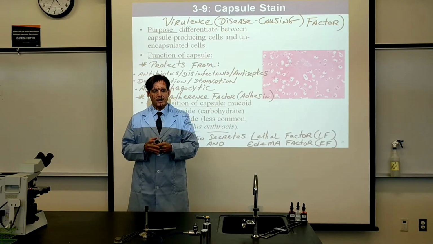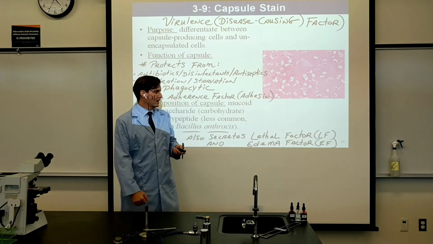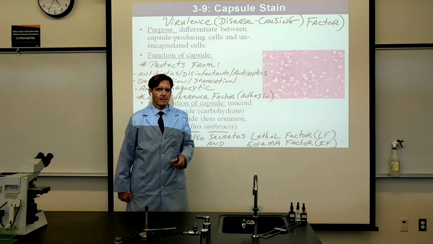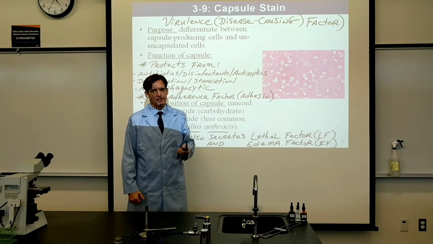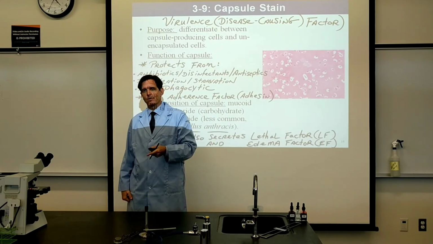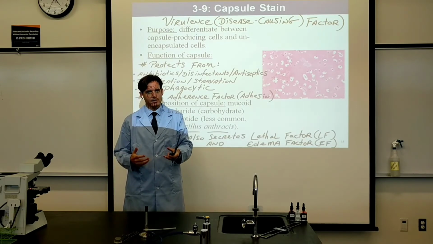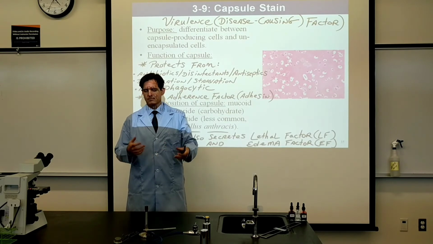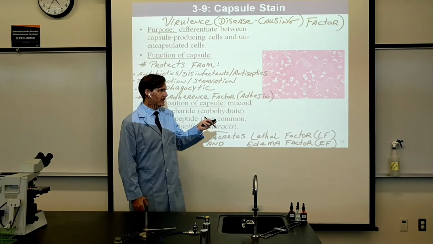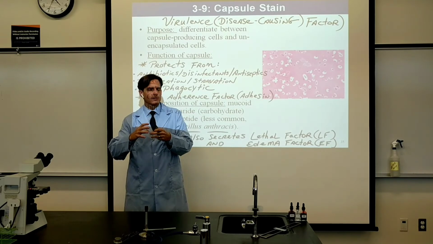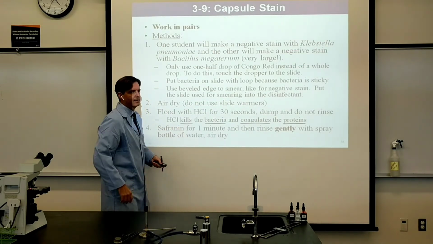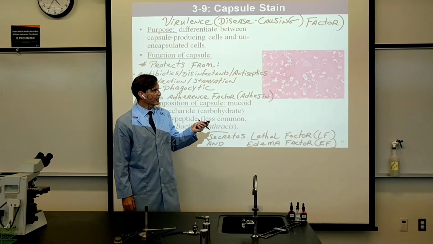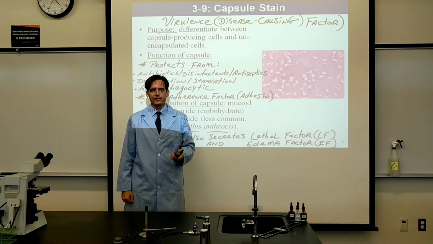And if you review back through your notes so far, the negative stain has a negative charge, and it's repelled by the bacterial cells, so it stains the background but not the cells. Safranin, on the other hand, is one of the simple stains, one of the basic alkaline dyes, and if you recall, that has the opposite charge. It has a positive charge, and so the negatively charged bacterial cells will absorb the positively charged safranin, and then you'll have this contrast between the stained background and the stained bacterial cells, and then the unstained capsule.